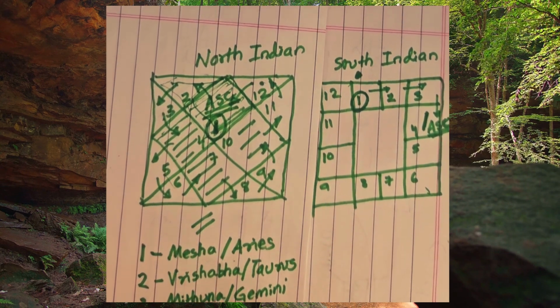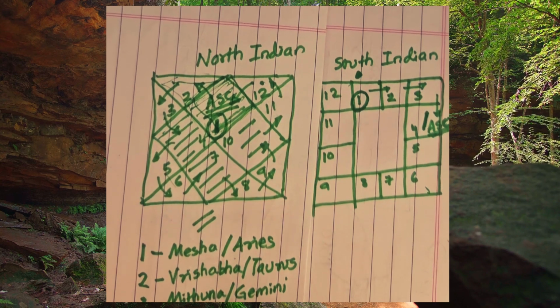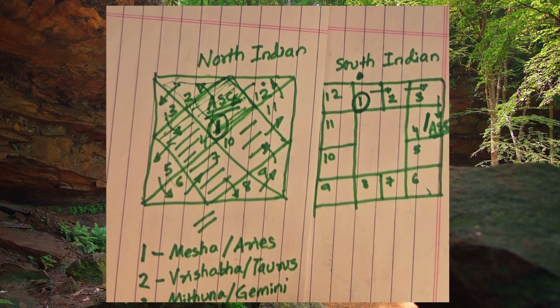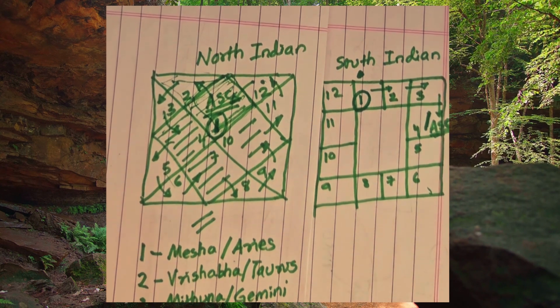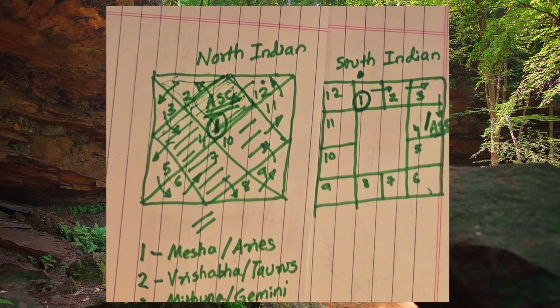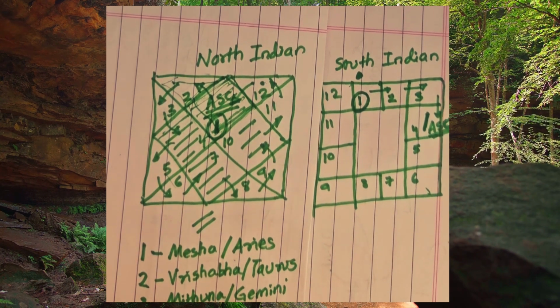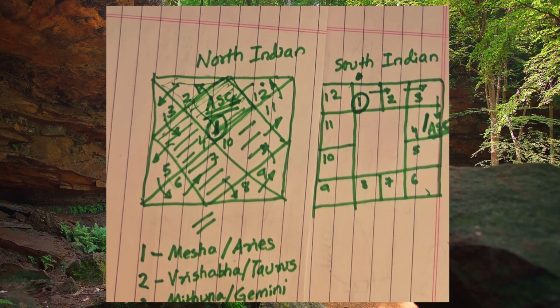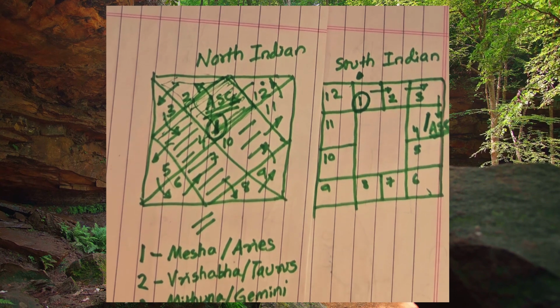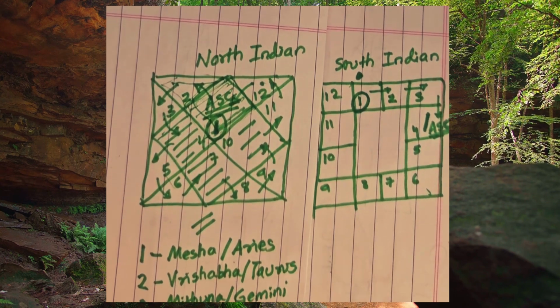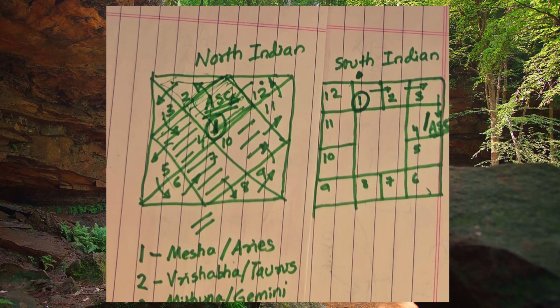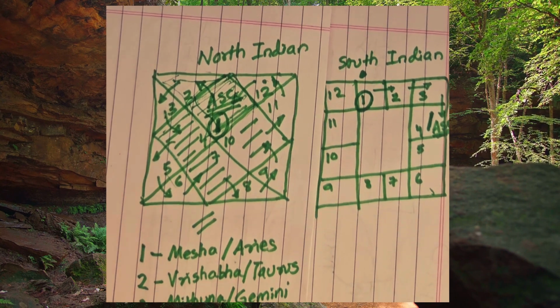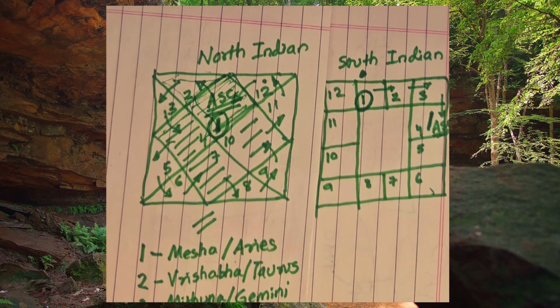Fourth is Karka or Cancer. This is the crab. It is represented by a crab. Fifth is Simha or Leo. Simha in Sanskrit is lion. So Simha, that is the lion, is the signification of this Rashi.